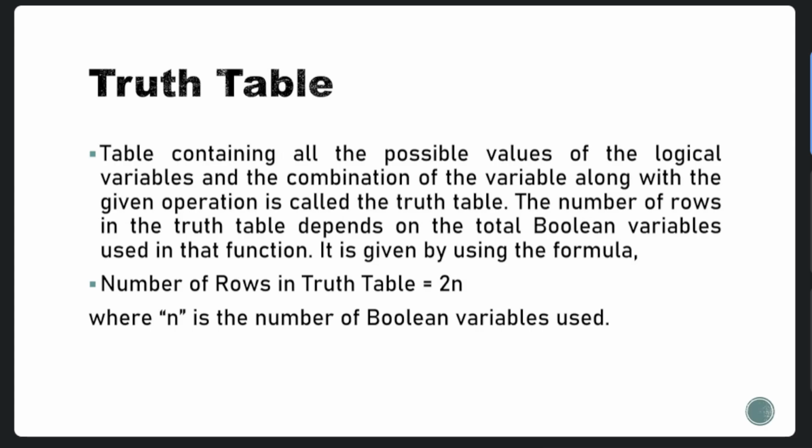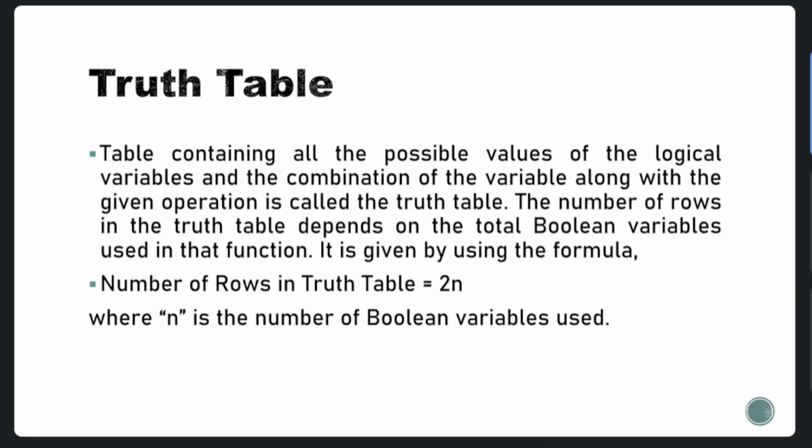The number of rows in the truth table depends on the total Boolean variables used in that function. It is given by the formula: number of rows in the truth table equals 2 to the power n, where n is the number of Boolean variables.